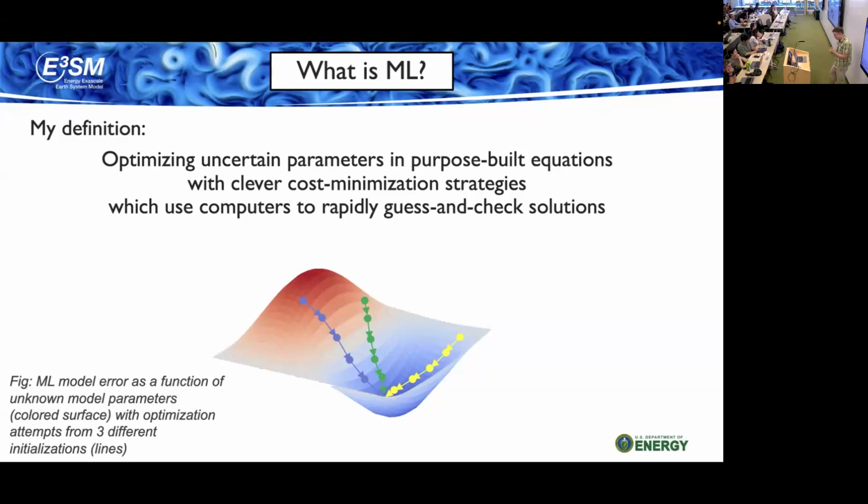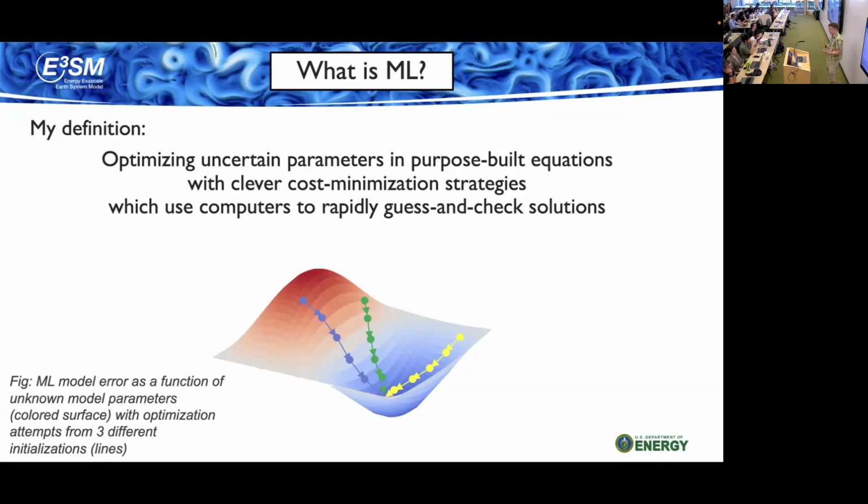To start off, instead of being magic, really what we're trying to do is optimize uncertain parameters in empirical equations that were purpose-built to have a lot of flexibility, a lot of these parameters for us to fiddle with, and that are also usually good at working with an optimization strategy.